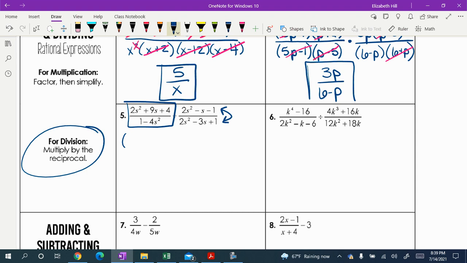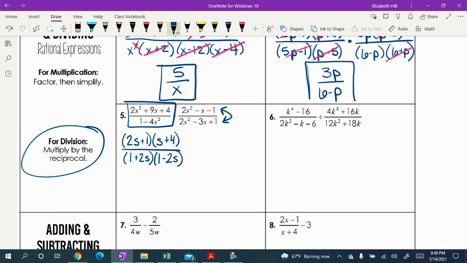So we're going to have 2s plus 1 times an s plus 4 all over. That's the difference of two perfect squares right there. So we're going to get 1 plus 2s and a 1 minus 2s.